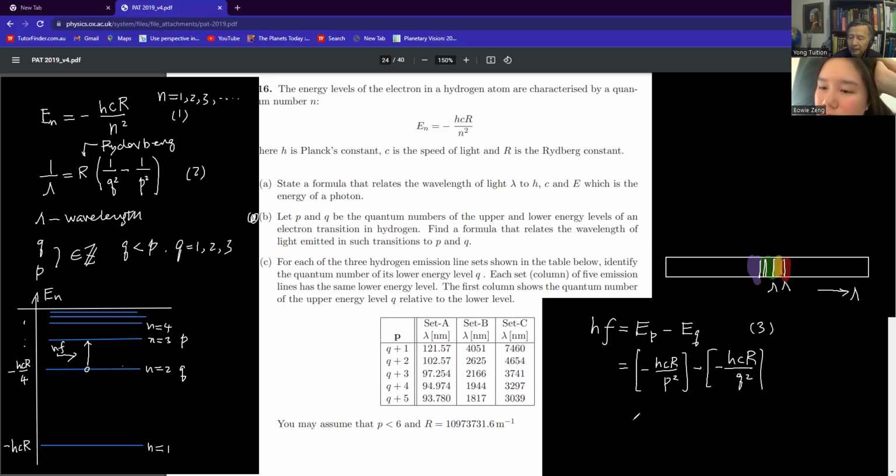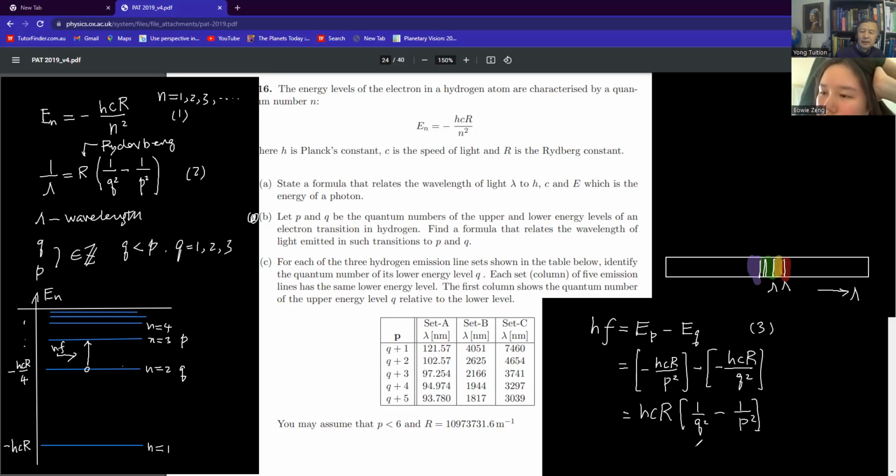So we just use equation 1 we derived. Now if you simplify this, we factorize this factor hcR. Negative multiply negative is positive, that is the Q squared term, and the other is minus P squared.